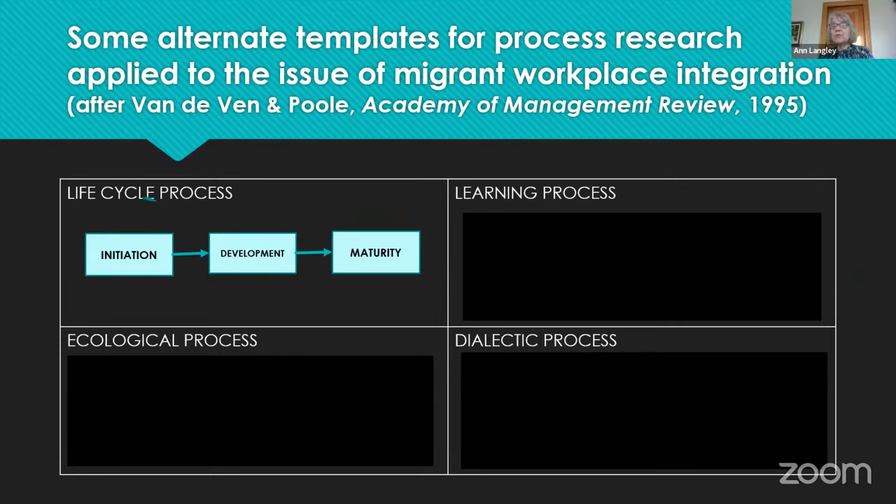A second type of model is this idea of learning. Van der Ven and Poole call it a teleological model. I like to think of it as a learning model because I think it's easier to understand, which is that you have an objective, and it's all about agency. You have an objective, you form a plan, you try to execute it.